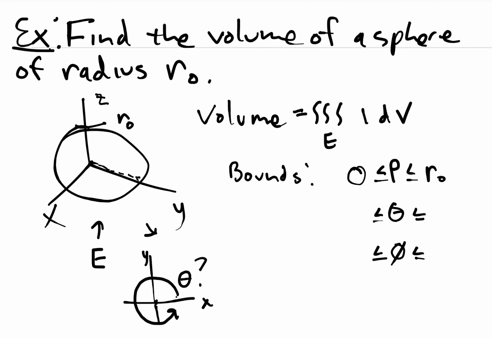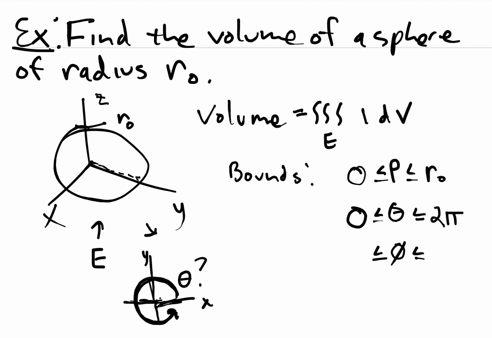Now, sometimes we go all the way around. This is exactly what we're doing here. The sphere does go all the way around the origin in this sense. But if you were restricted to some quadrants and not others, this is where you would specify that range. Like anything in the first quadrant would just be between 0 and pi over 2. If you were in the first two quadrants, it would be between 0 and pi, and so on. Here, since we do go all the way around, my theta is stuck between 0 and 2 pi.